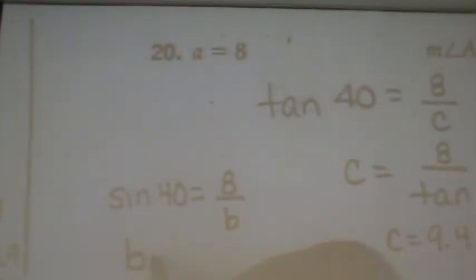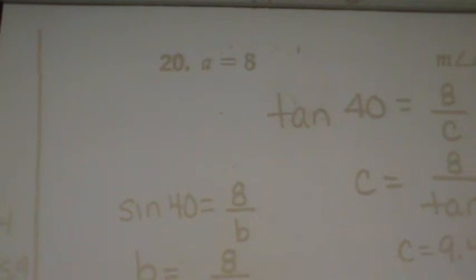And so basically B is equal to 8 divided by the sine of 40. So B is 12.45. Now make sure it makes sense. B is our hypotenuse. Is it larger than these two sides? Yes, it worked out fine.